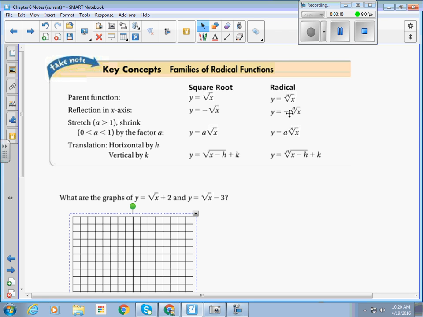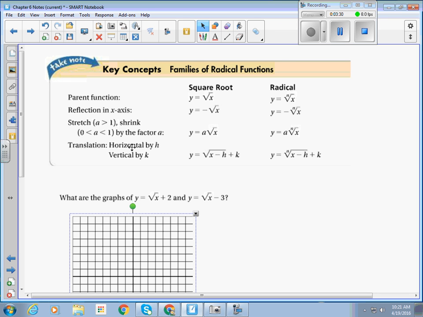Negative in front of my function is a reflection in the x-axis. If I'm going to stretch it, my a value, my coefficient out in front, is going to be greater than 1. If I'm going to shrink it, my a value is in between 0 and 1.